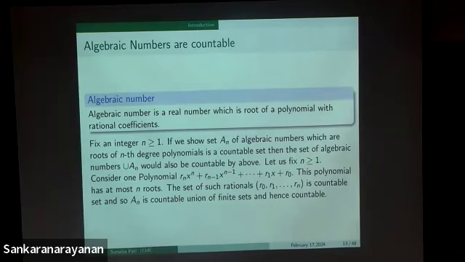Firstly, we're going to talk about rationals. The set of rationals is incomplete.